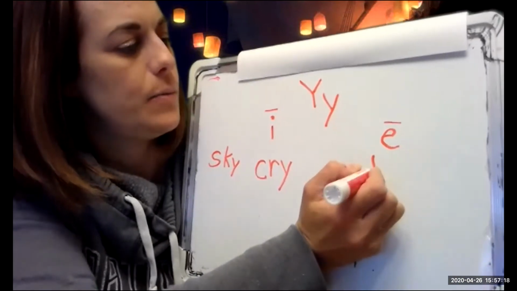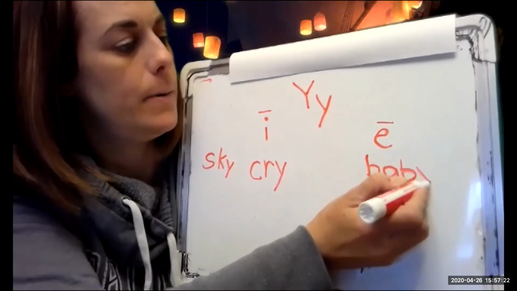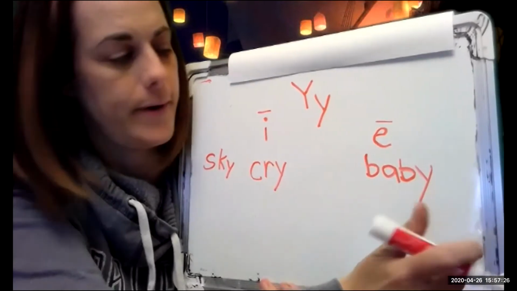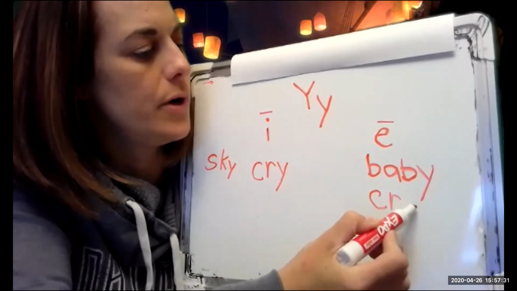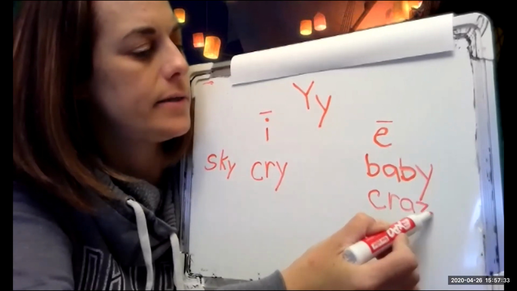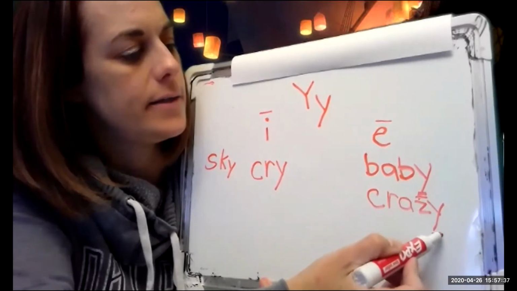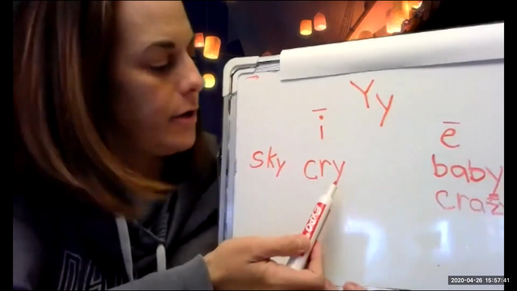So let's do B, A, B, E, baby. Okay, and I'm going to do crazy. So now it's acting as an E. So let's go back. Sky and cry.